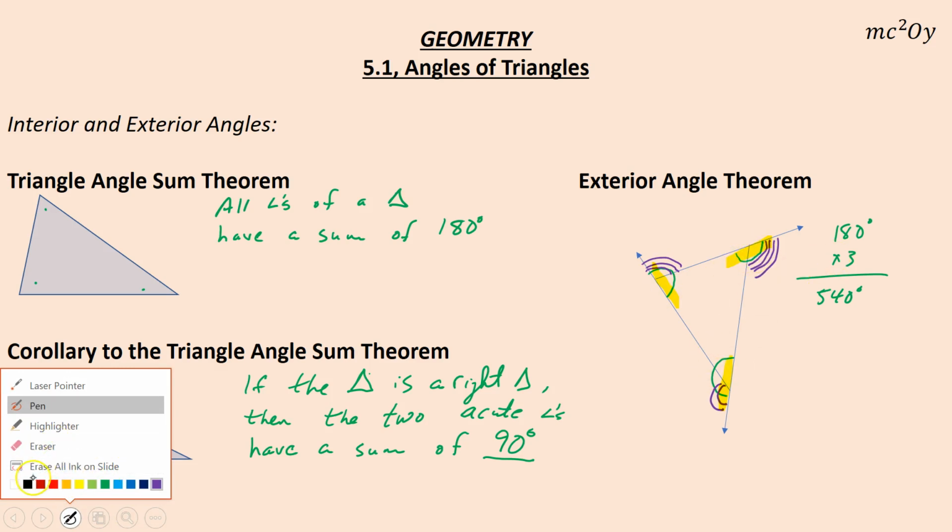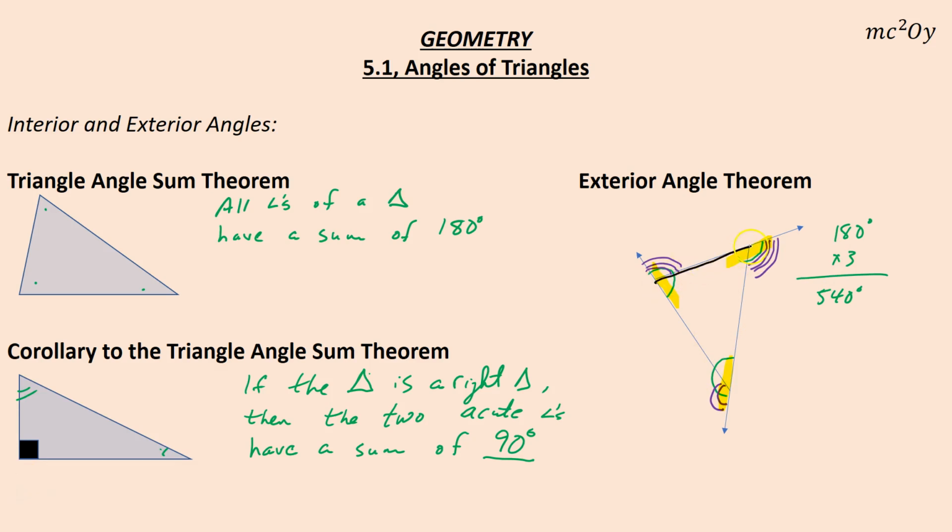And if I take into account that this is a triangle right here, let's call this angle A, angle B, and angle C. Angle A plus angle B plus angle C has to add up to 180 by the triangle angle sum theorem.